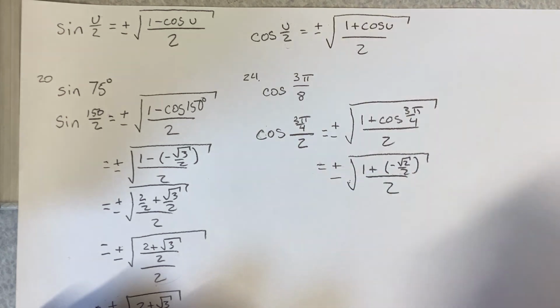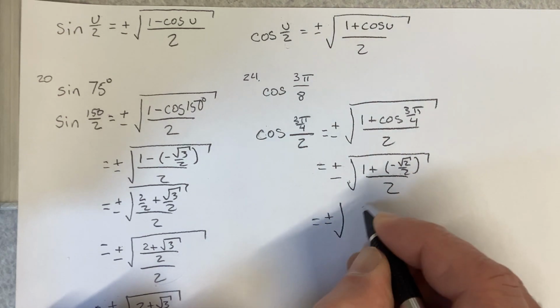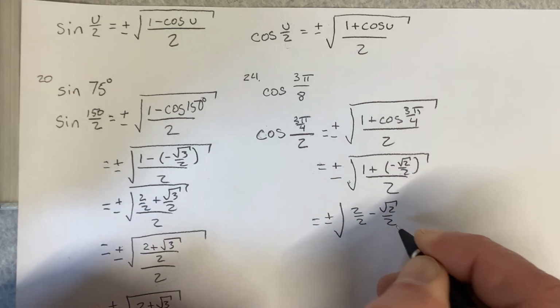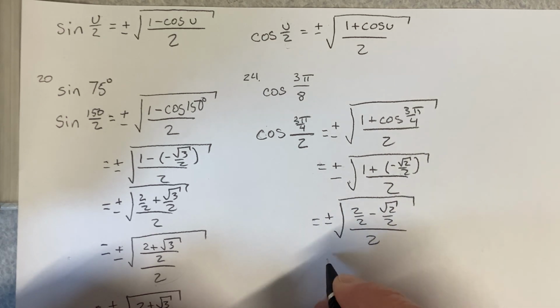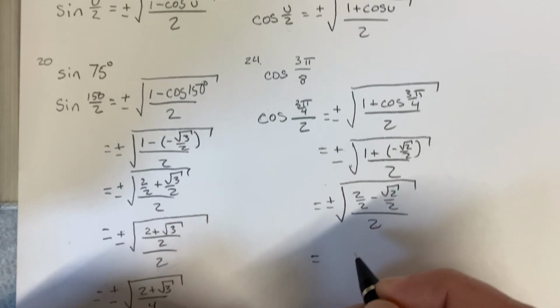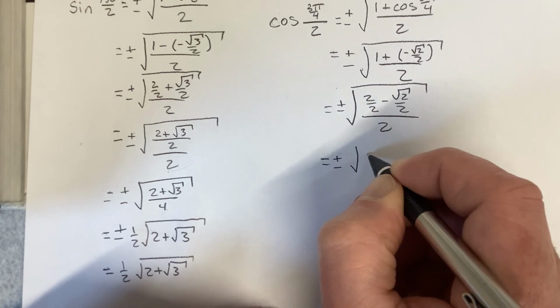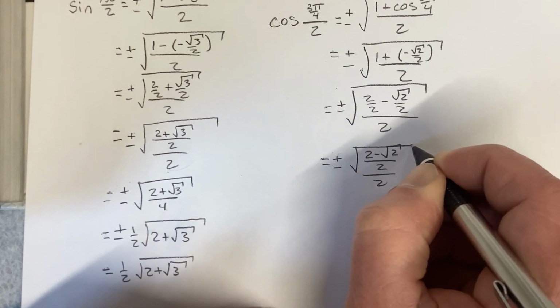And so now we're simplifying again, common denominator. So that'd be 2 over 2 minus radical 2 over 2, all over 2. And it's going to simplify basically the same way as the last one, right?